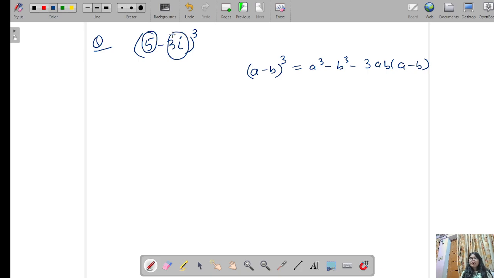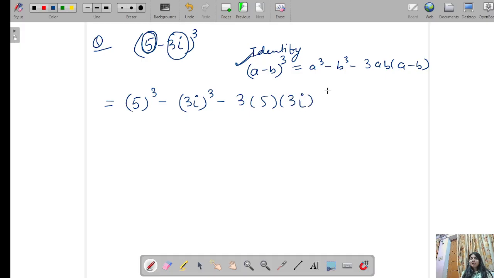Now here in this, I am not finding the real part and the imaginary part. I am going to solve using this identity. So here 5 is the term A and 3 iota is B. Now if I am applying the formula in this, I will be using A cube minus B cube minus 3AB(A minus B).